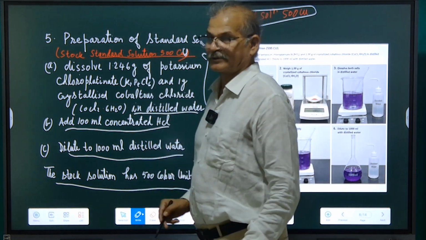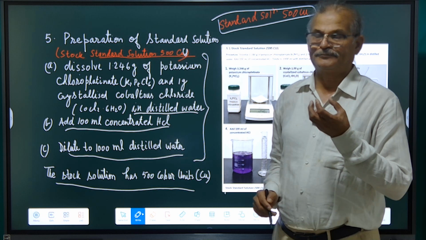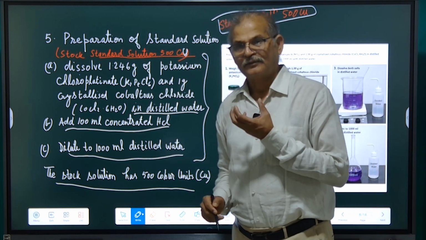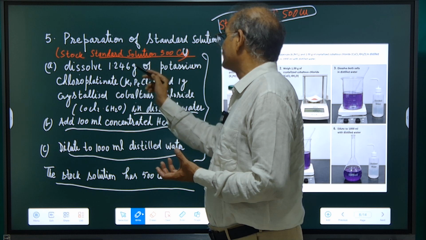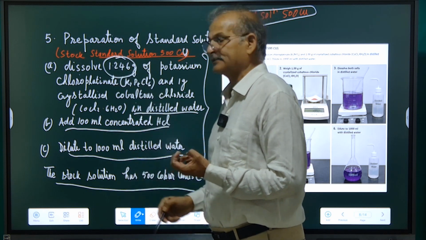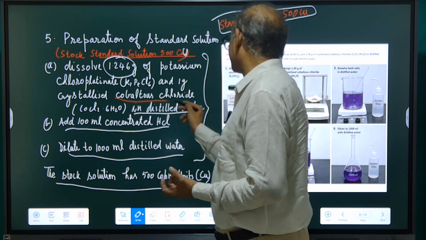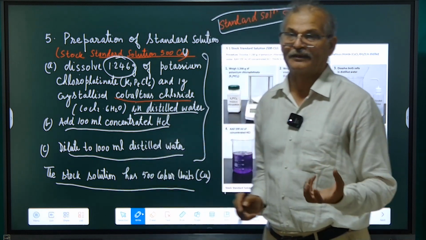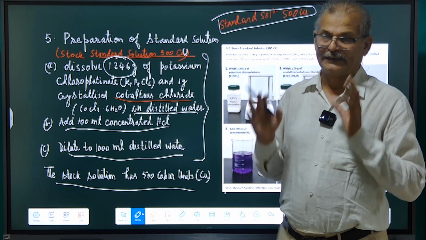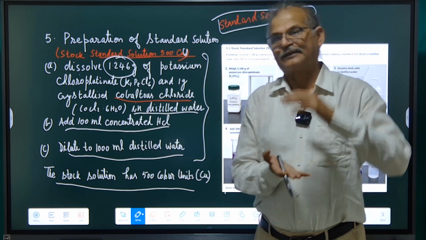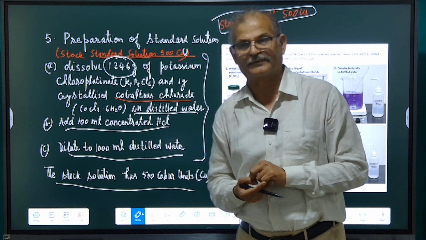If we are making it, we have to take 1.246 gram of potassium chloroplatinate, then 1 gram of cobaltous chloride, dissolve in distilled water, then add 100 ml of HCl, and then dilute to 1000 ml. That dilution is also done with distilled water.